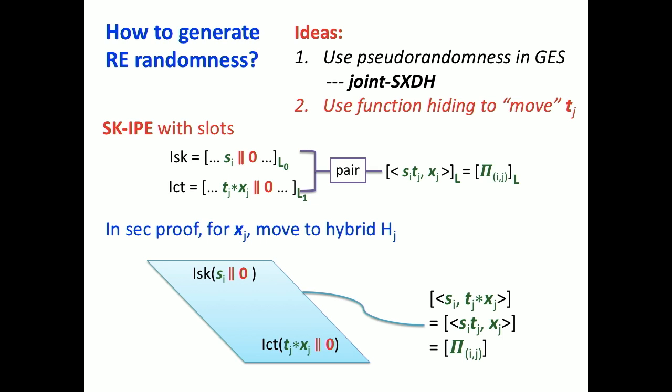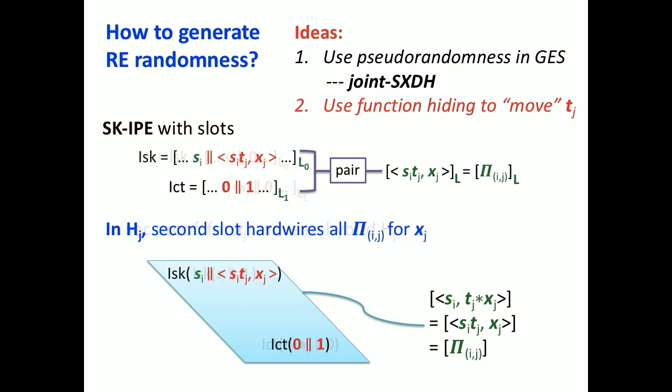Why? In the security proof, if I want to argue that XI is hidden, what I will do is use the function hiding to move to a hybrid where all the randomized encodings for XJ are directly hard-coded inside the secret key.